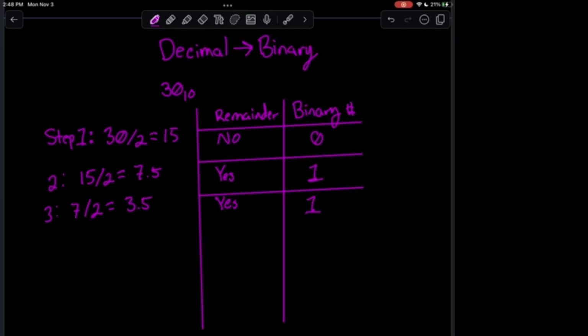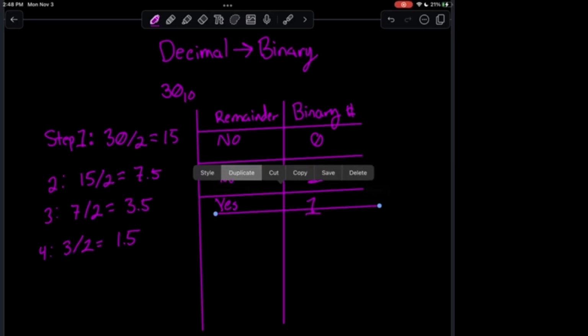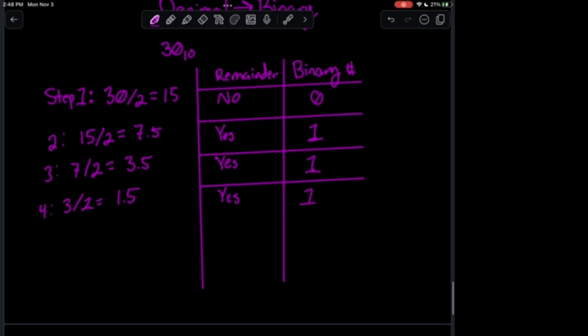We get another 1. Step 4 is taking 3 divided by 2. 3 divided by 2 is 1.5. So we have yet another remainder. So another 1. And then our next step, it's 1 divided by 2. That is also going to have a remainder.